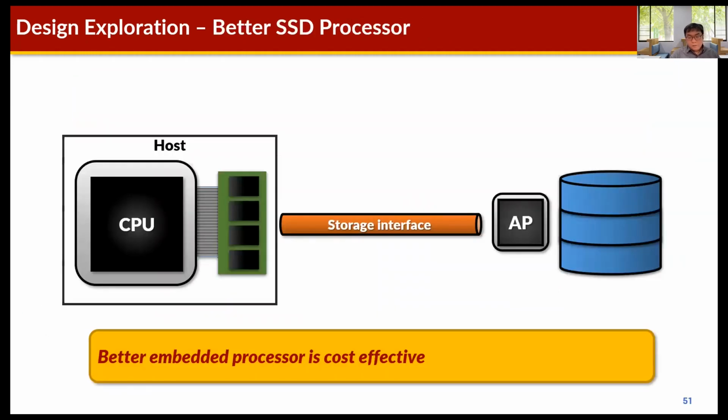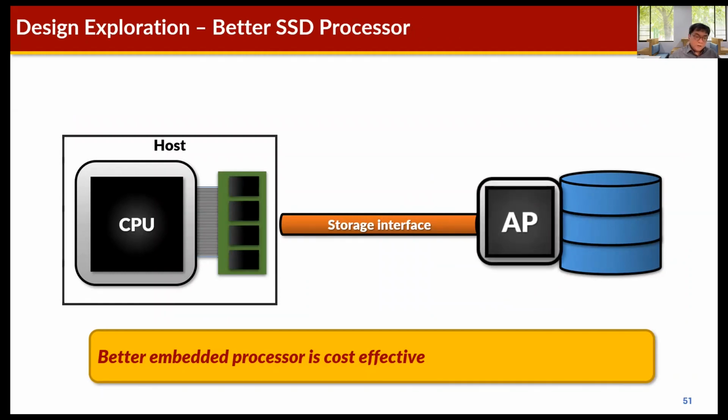And then also we can apply a better SSD processor, because the price of the server CPU is very expensive compared to the embedded processor. We also analyzed some cost effect.